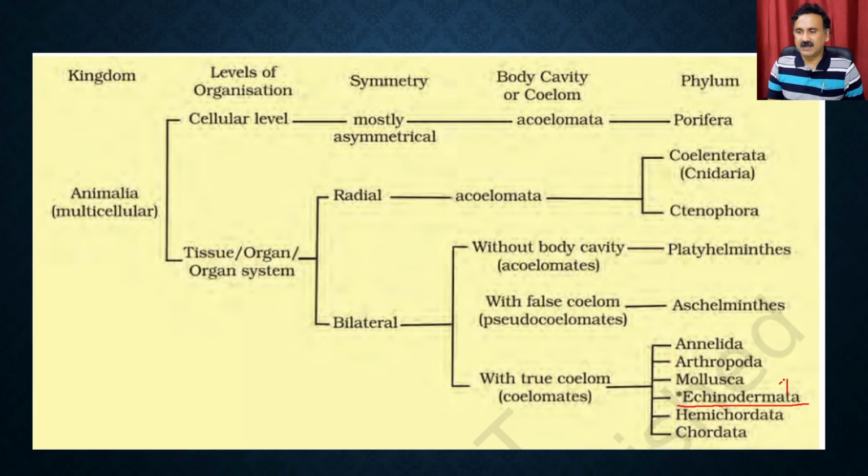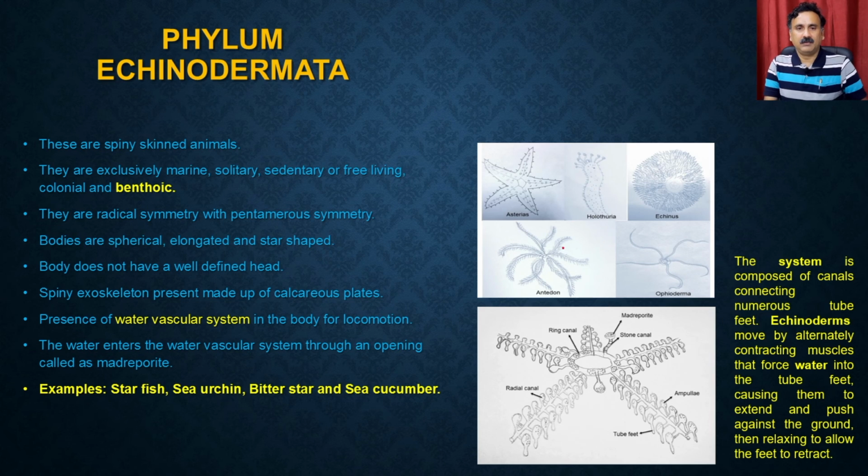Then we have to talk about Echinodermata, or the starfish. So the phylum Echinodermata comprises the spiny skinned animals. They are exclusively marine, solitary, sedentary or free living, coelomate and benthic. They have radial symmetry with pentamerous symmetry.